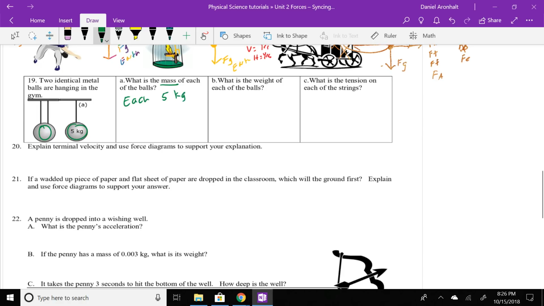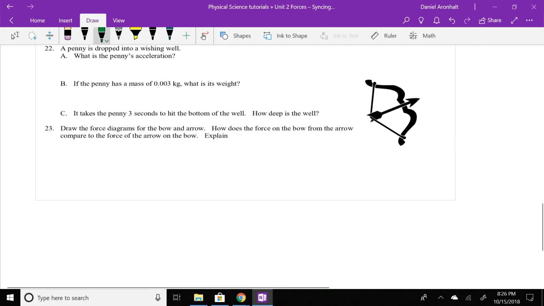What is the weight of the balls? Remember, another word for weight is force. So it's asking what is the force? Now that's a calculation problem. Remember, the mass equals 5 kilograms, and it's on planet Earth, so the gravity equals 9.8.